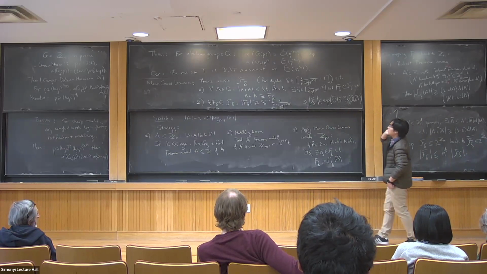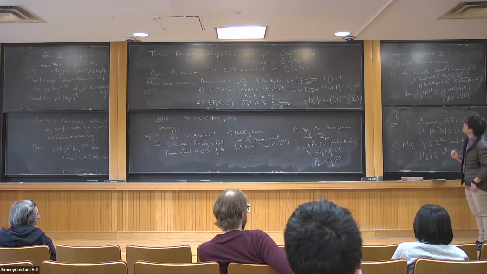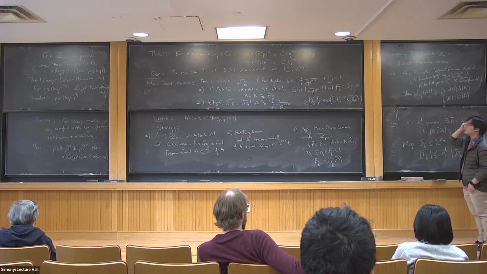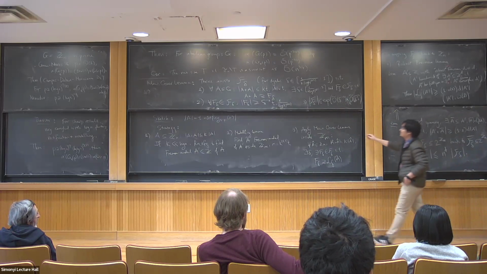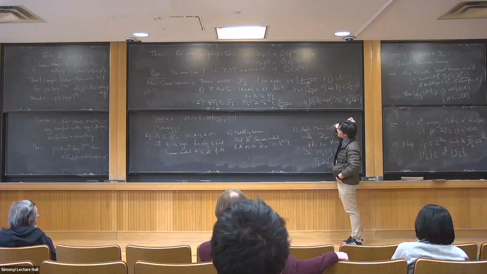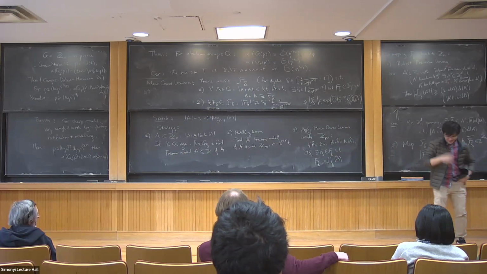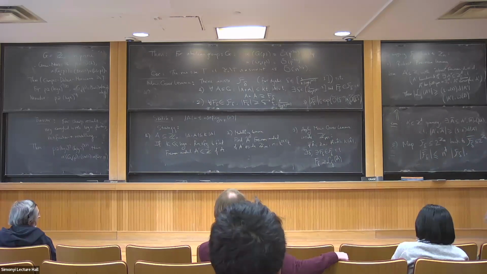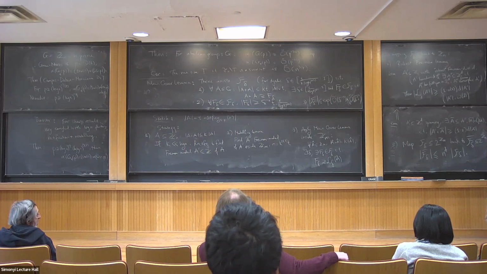And another interesting question is whether we can remove the use of Fourier analysis here. Is it really essential? Do we really need the group in this result, or can we do it combinatorially without a group? I think that's an interesting question.